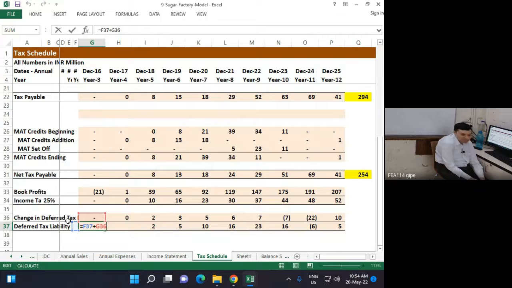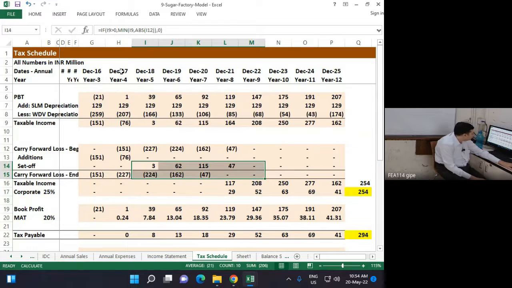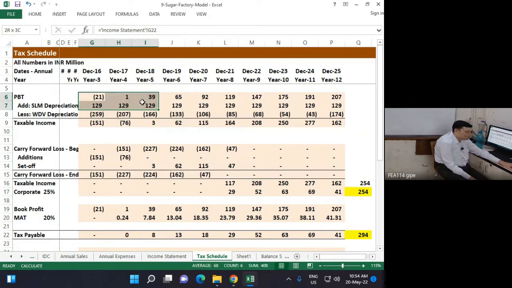over the life of the project, because both depreciations have made the asset balance zero. But in the corporate tax calculation, you also get a set off of prior losses. So if you look at it here, whatever were the losses were adjusted in the future profit. But the same is not happening in Company Act.